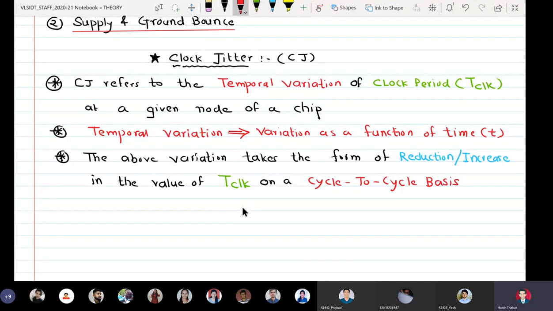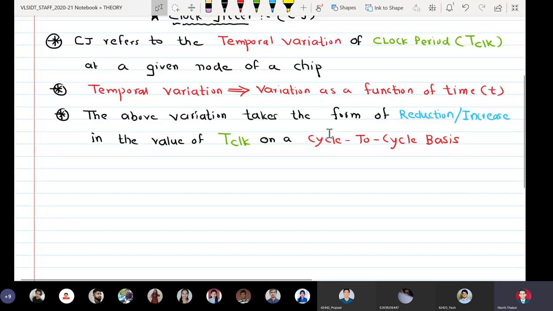Very important. So clock jitter refers to the temporal variation of clock period TCLK at a given node of a chip. By temporal variation, we refer to variation as a function of time t, and the above variation takes the form of either reduction or increase in the value of TCLK on a cycle to cycle basis.